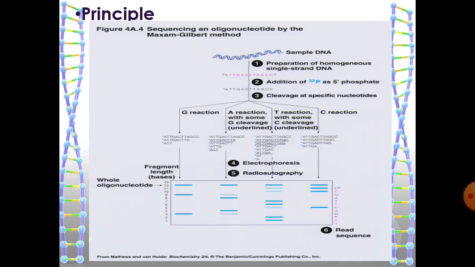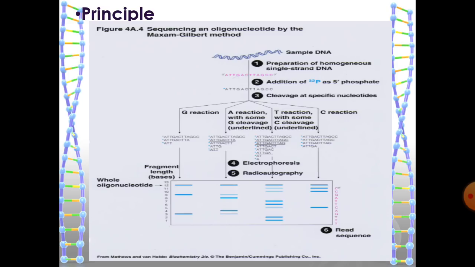Here the phosphate at the 5' end of the DNA is removed and it is labeled with radiolabeled P32. It is subjected to the enzyme phosphatase, which removes the phosphate from the DNA, and at the same time the kinase enzyme adds the labeled P32 to the 5' end of it.